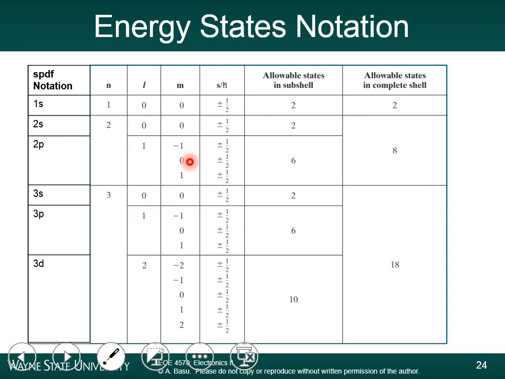Each of those orbitals can contain 2 electrons of opposite spin, coming to a total of 6 electrons held in the 2p orbitals. All in all, the second energy level can hold 8 electrons. The first energy level can hold 2. If we go to the third energy level, it can hold 18. So the numbers increase as we go to higher and higher energy states.